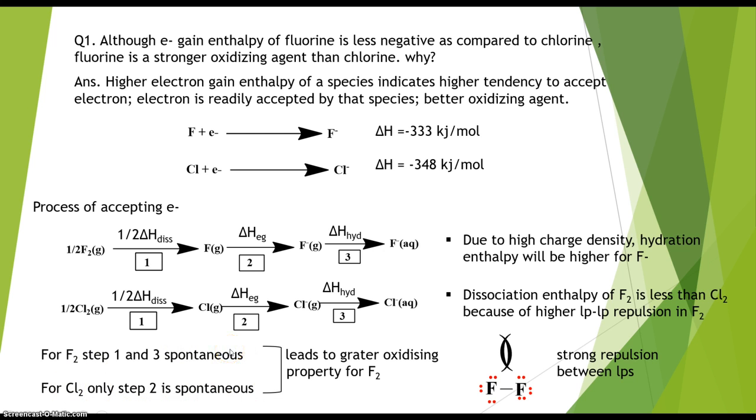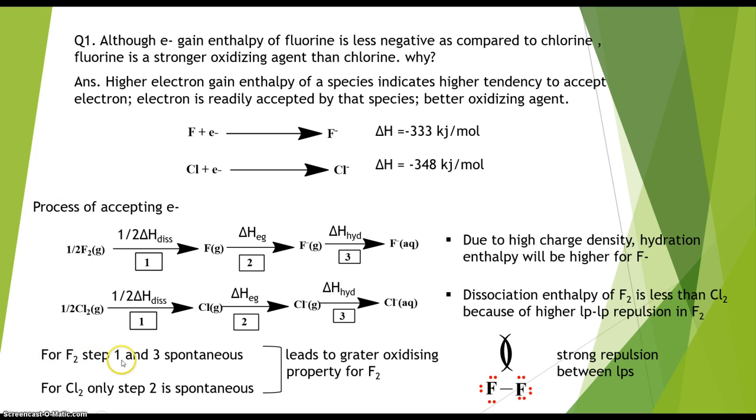So what is our general expectation? For fluorine, two steps are spontaneous in the total process of accepting an electron, but for chlorine only one step, step number 2, is spontaneous. So overall, if we think about the process of accepting an electron, fluorine is much ahead of chlorine, right?